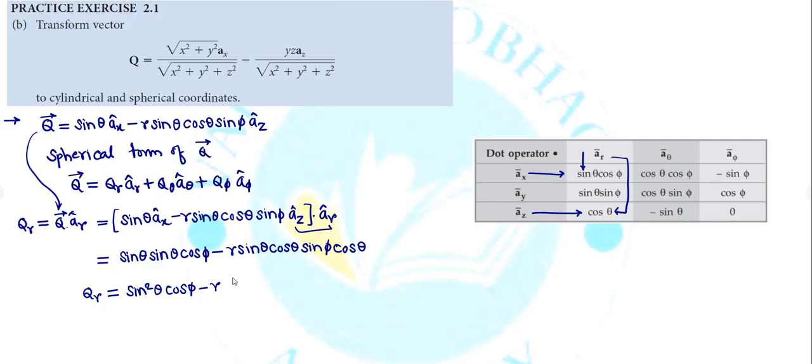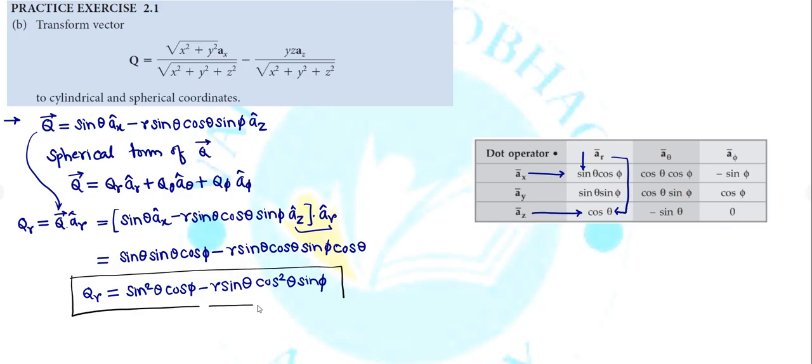Cos theta times cos theta is cos square theta. So we can write this as it is: r sine theta cos square theta, and then what is left, that sine phi. So this is the very first component along r for your vector Q.